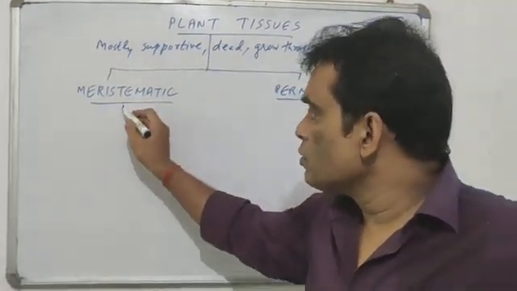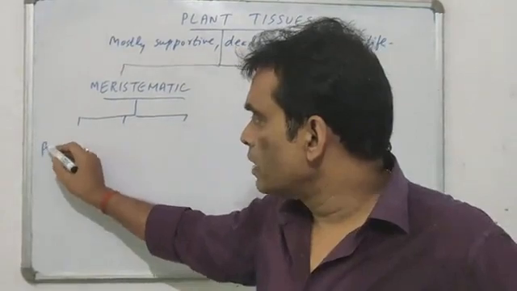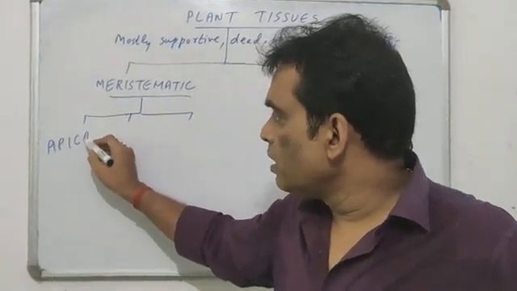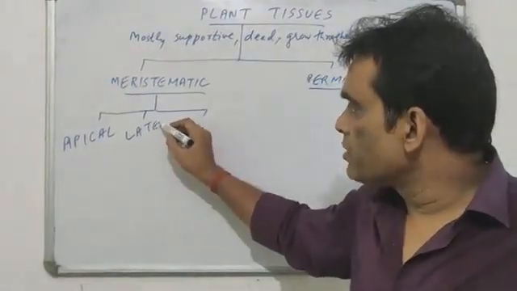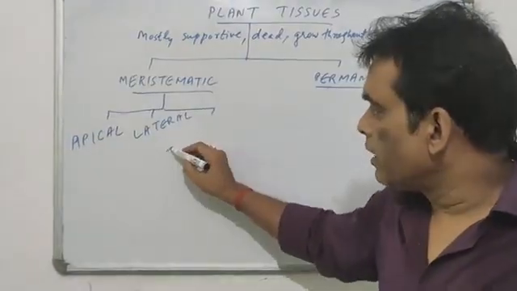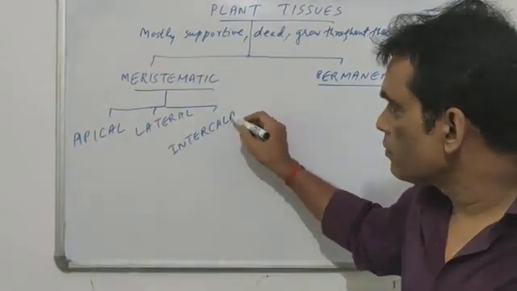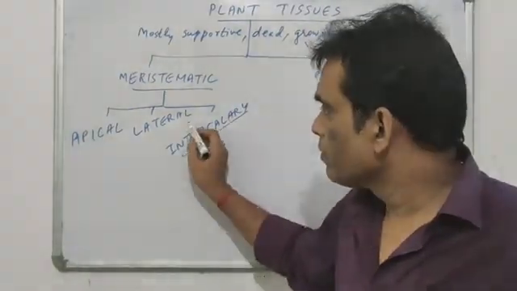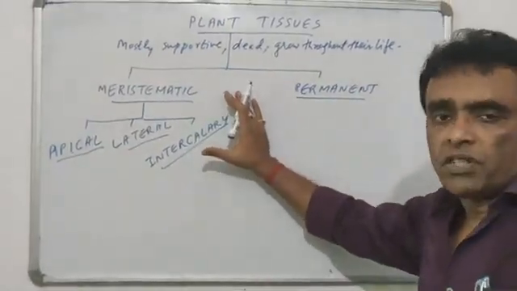The meristematic tissues are also classified into 3 types. They are called apical meristematic tissues, lateral meristematic tissues, and intercalary meristematic tissues. These are the 3 main types of meristematic tissues.